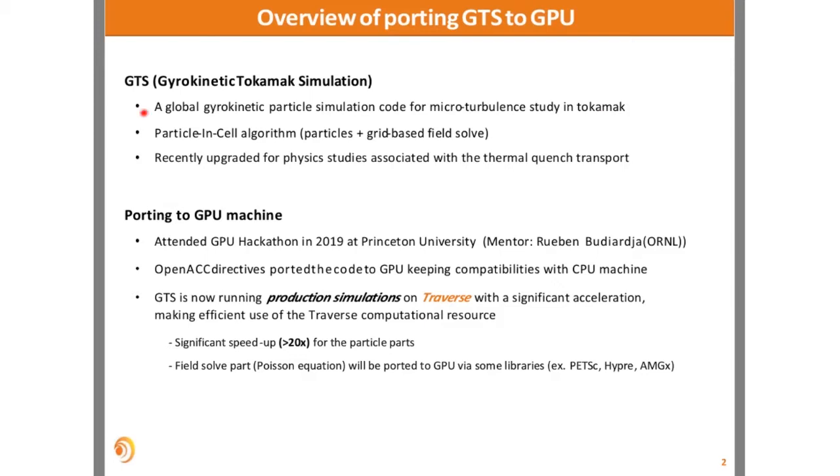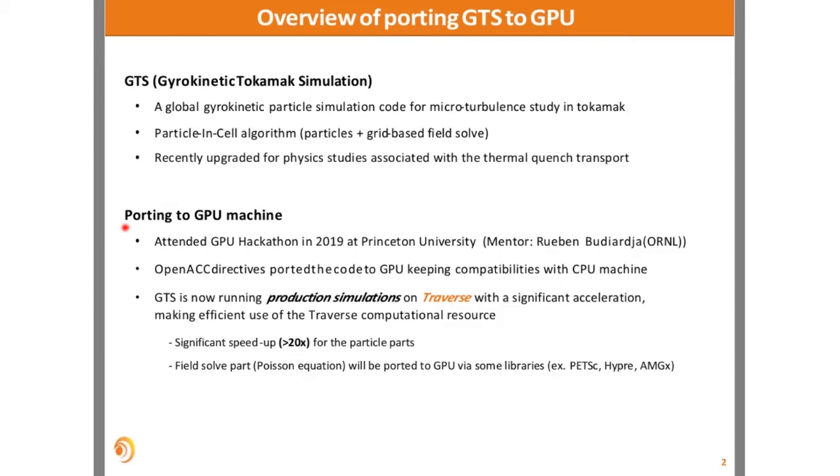For the numerical simulation, we adopted the particle in cell algorithm, which is the same as in Andrew's presentation. Our code is over 10 or 15 years old, but we are still actively upgrading it to attack new types of physical problems, such as thermal quench transport in the tokamak.